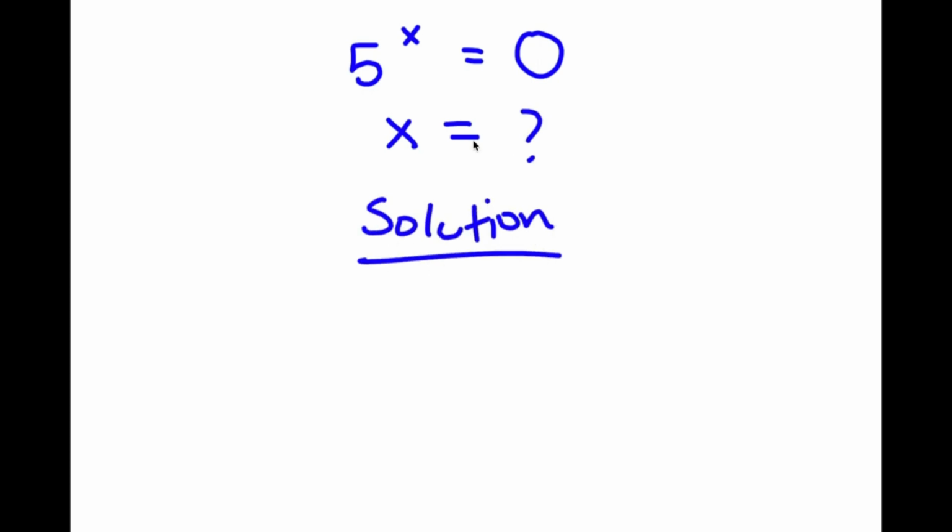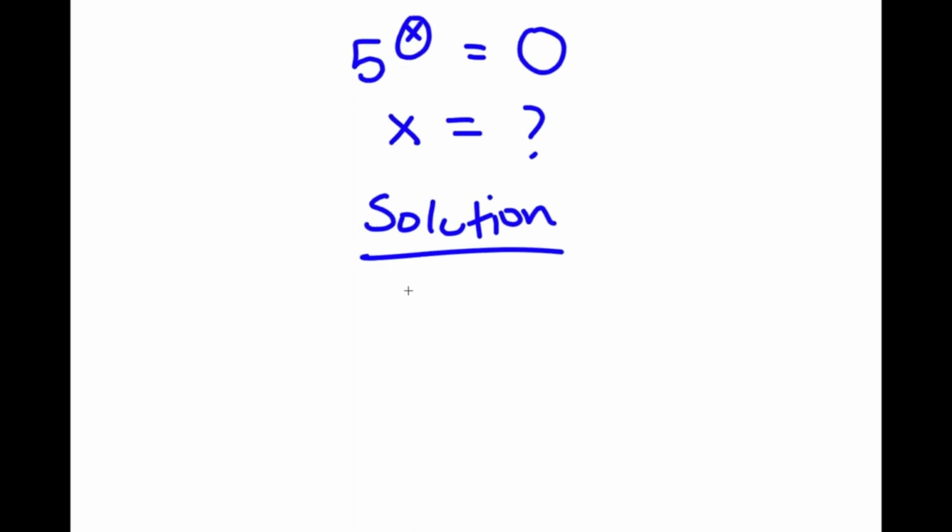Alright, so in this problem, I have 5 to the power of x is equal to 0. So, I obviously want to find the value of x here. So for my solution, let's start by trying out values of x.